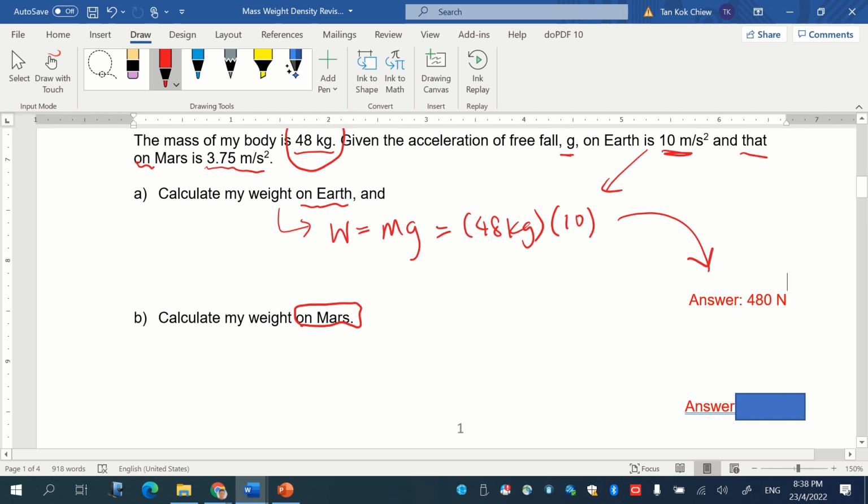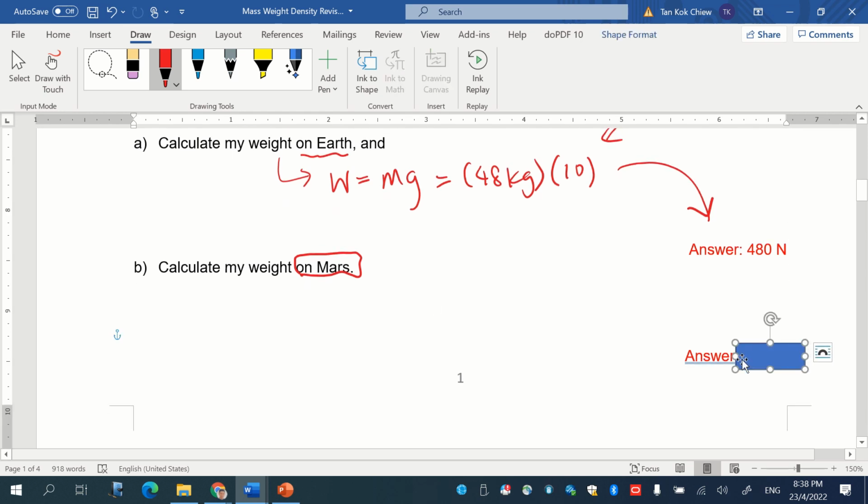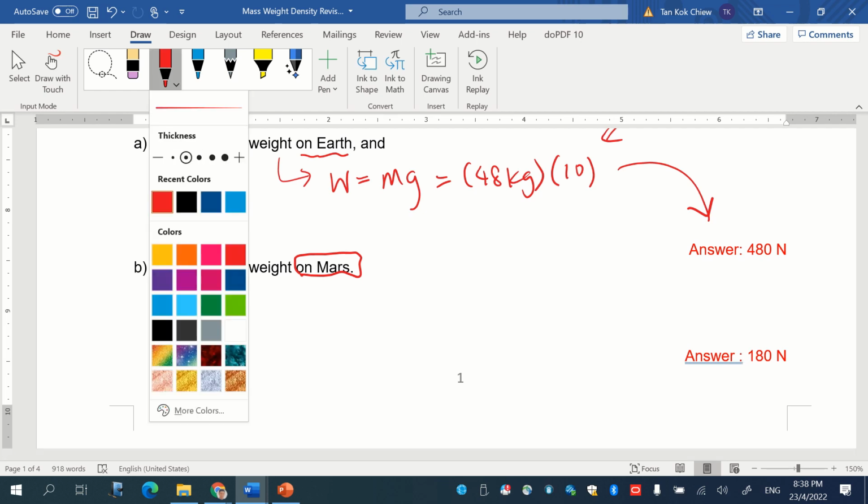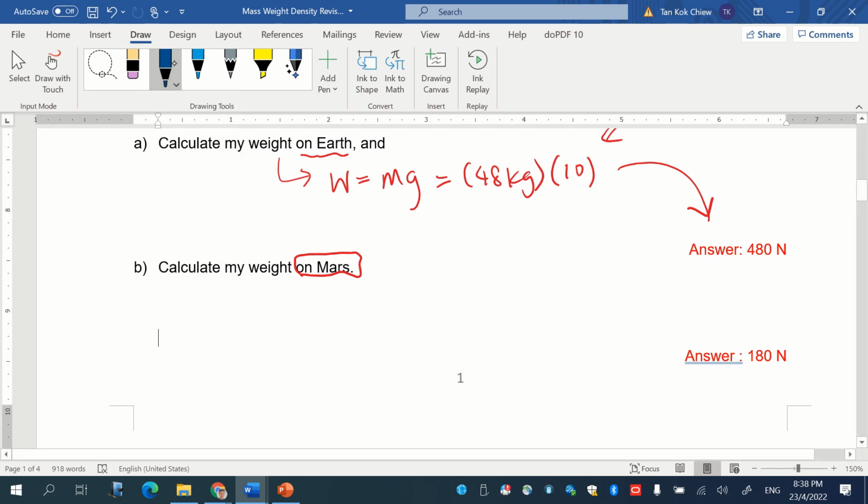Okay, time's up. What is your answer? Did you get 180 Newton? To show you how we arrive at that, again, it will be W = mg.